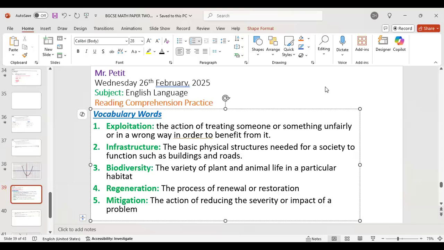Alora, read the words for me, please. Read the 5 words that I have on the screen. Exploitation: the action of treating someone or something unfairly or in a wrong way in order to benefit from it. Infrastructure: the basic physical structure needed for a society to function, such as buildings and roads.